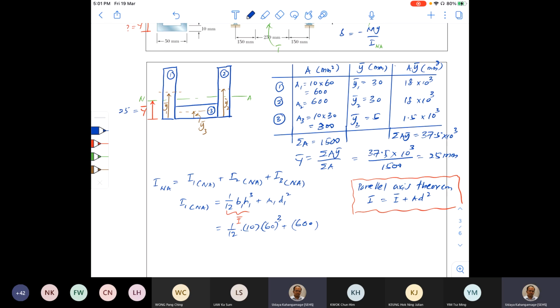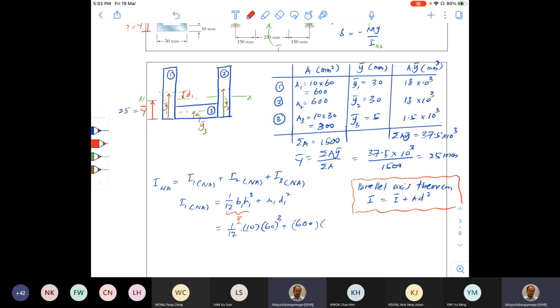And then the D1, what is D1? Let me mark here, D1 is this distance, D1. Distance between its own centroidal axis and the neutral axis.